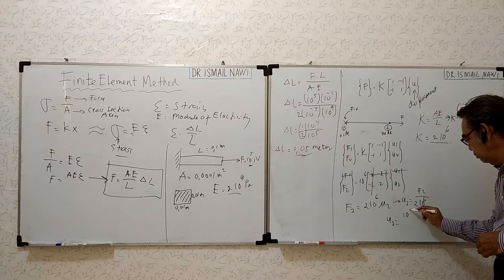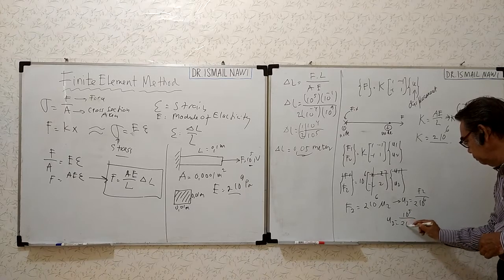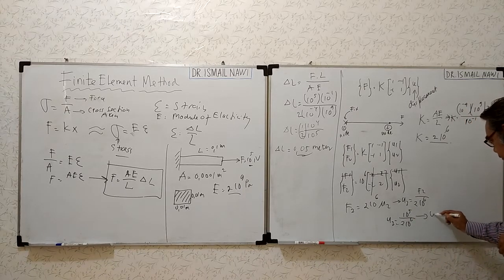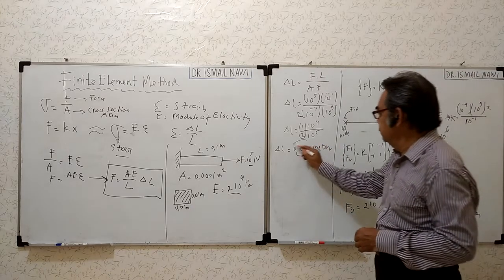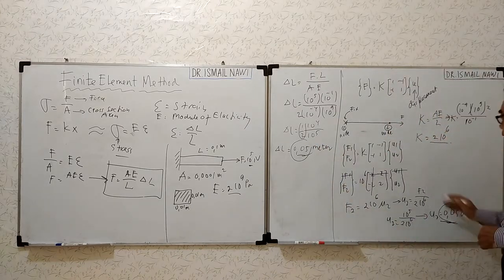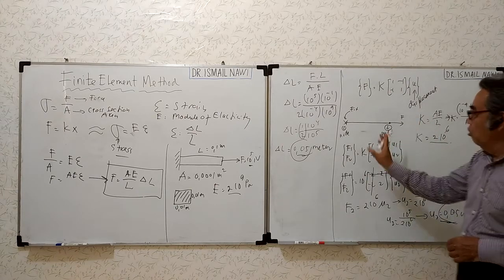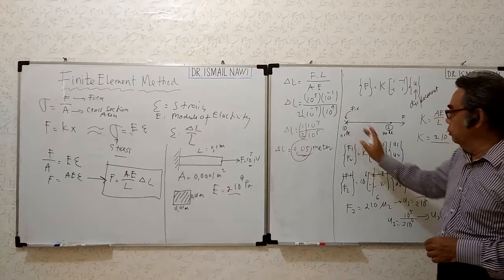F2 is 10 to the power of 5, over 2 times 10 to the power of 6. So we have here u2 is 0.05 meter, the same result as here. Right? This is the way to calculate the very simple finite element problem, one element and two nodes.